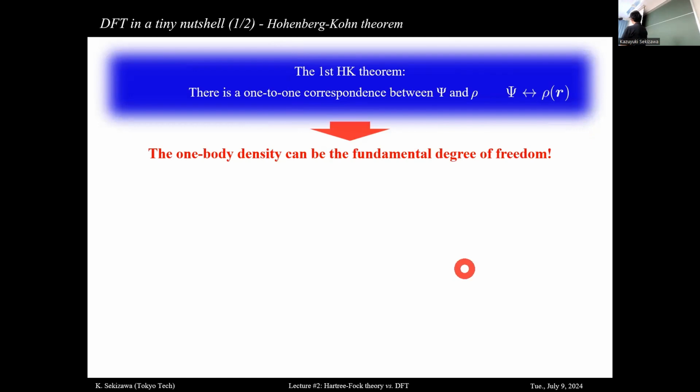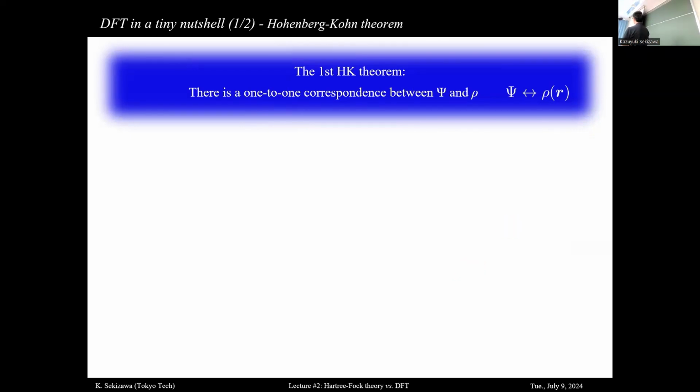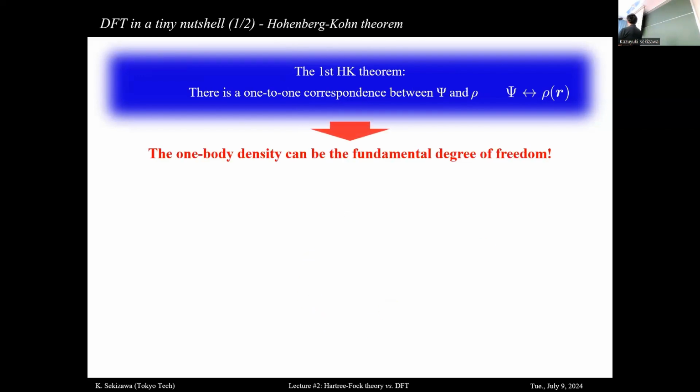Practically, it is impossible to have a many-body wave function because it is too complicated. But the point is we can work with the one-body density. The one-body density can be the fundamental degree of freedom.